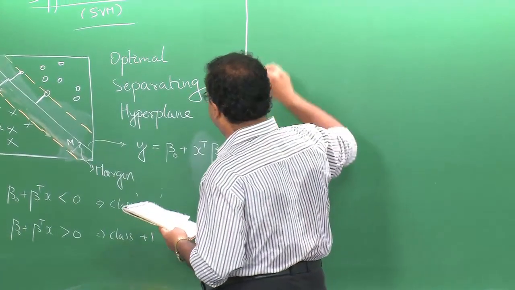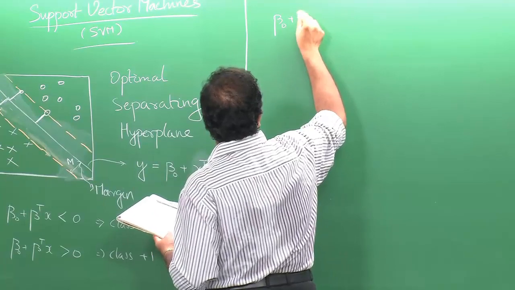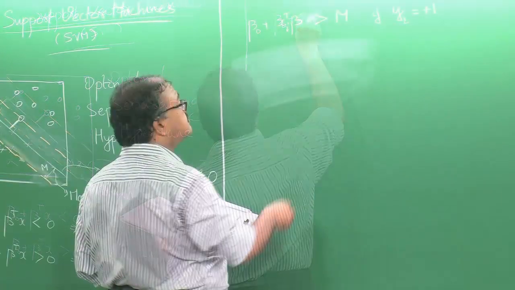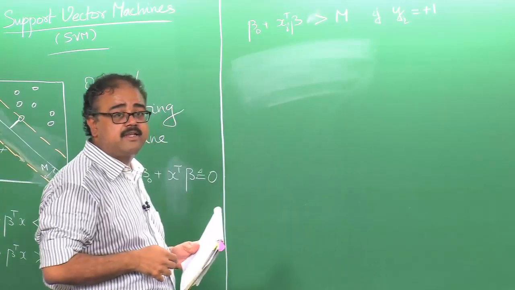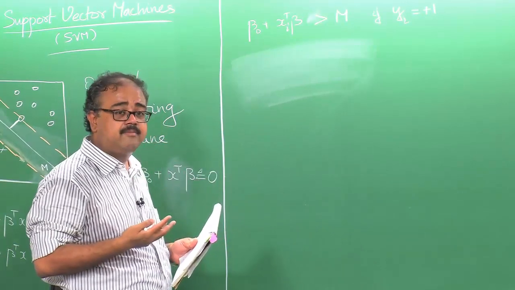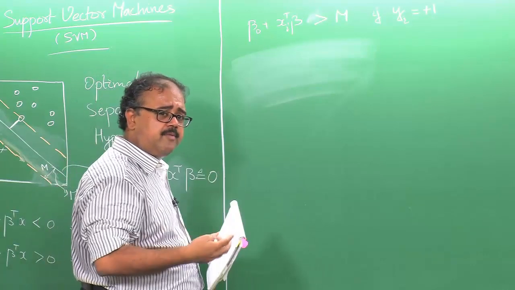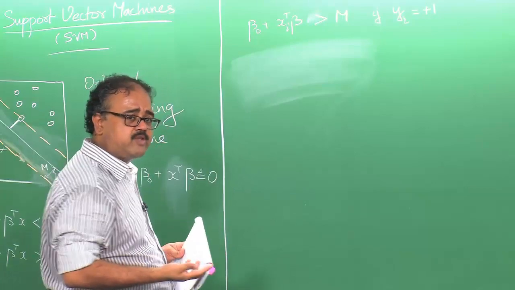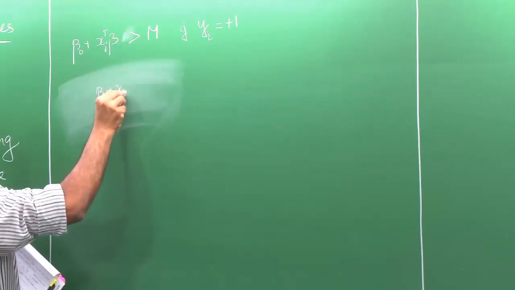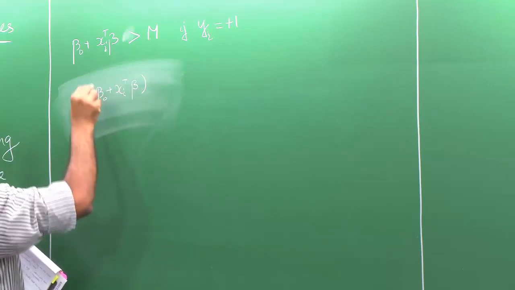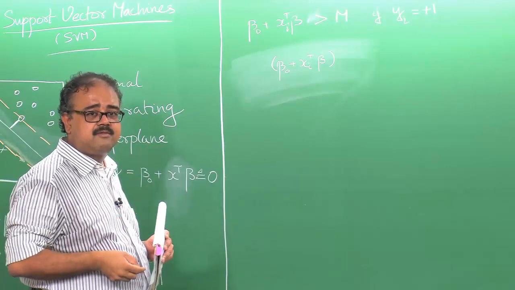So, what I really want is, if y i is plus 1, I want beta naught plus x i transpose beta to be greater than m. What happens if y i is minus 1? I really want it to be at least m away in that case as well. But then we know that beta naught plus x i transpose beta would be negative when the class is minus 1.